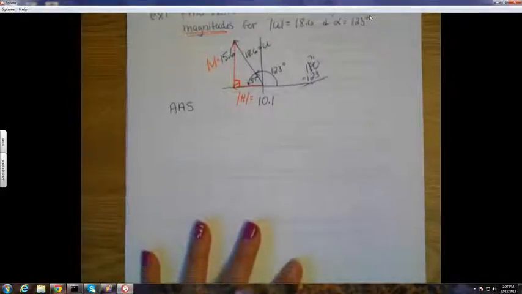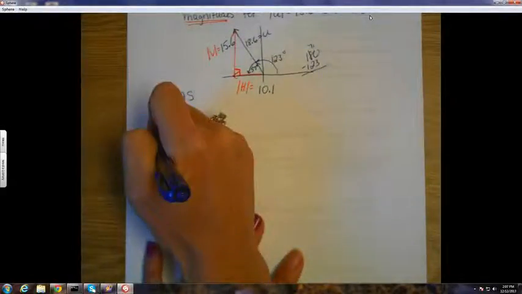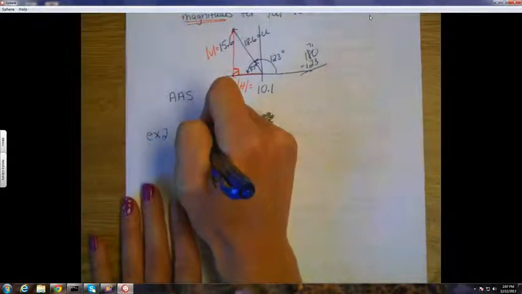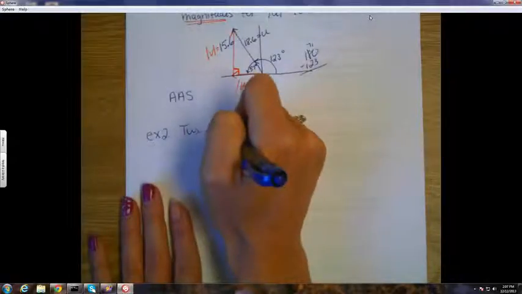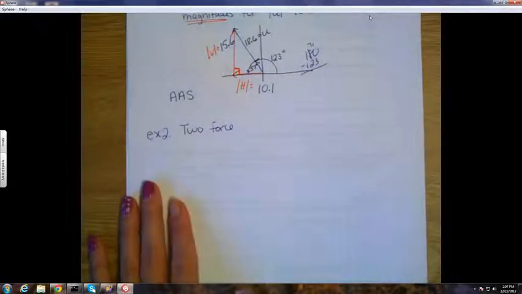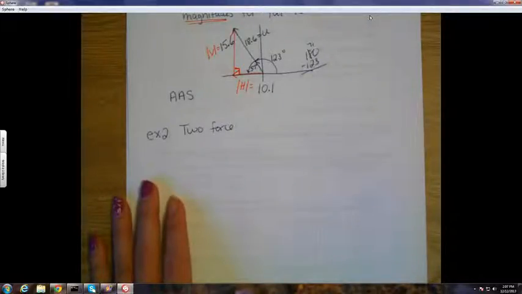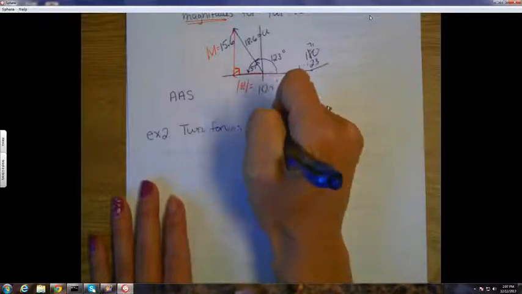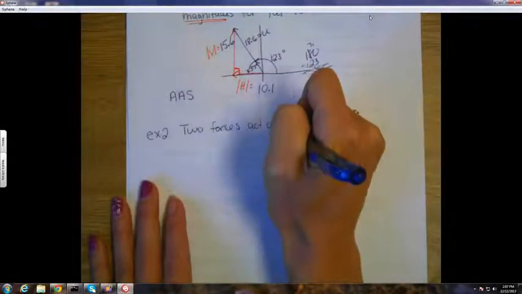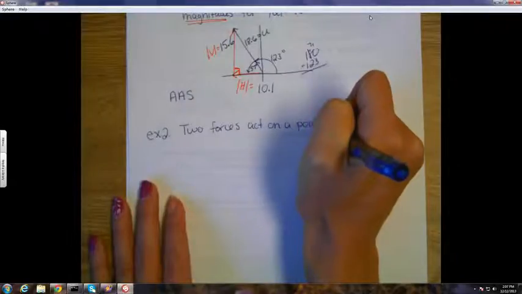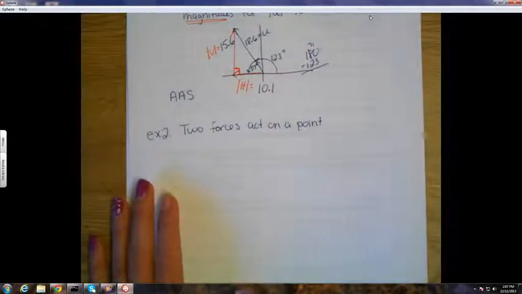Okay. Number 2. Each problem is slightly different from the other one. Two forces. This one here, all of the next section, the story problems for the next 3 days, are just like this example here, only there's no story problem here. Two forces act on a point. Okay, that's their way of saying something like, I've got two ropes attached to a crate and we're going to pull the crate.